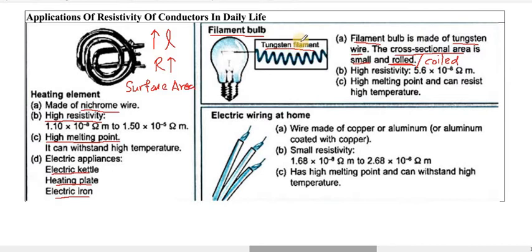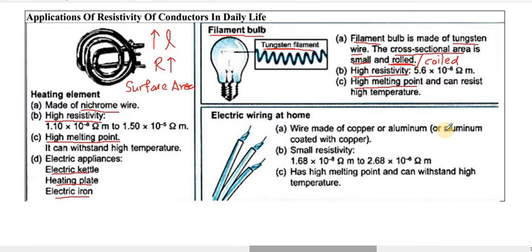The reason why we choose tungsten filament is because it has high resistivity and a high melting point, so it can resist high temperature. It does not melt and break easily. But like what I discussed previously, if the tungsten filament is not enclosed inside the glass covering and is outside, if you switch it on for some time, it will just melt and break.